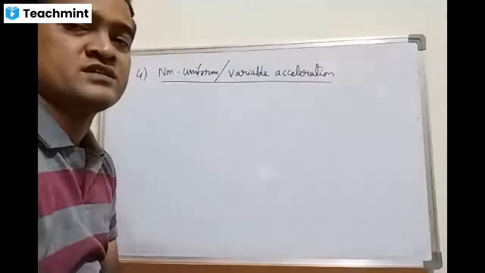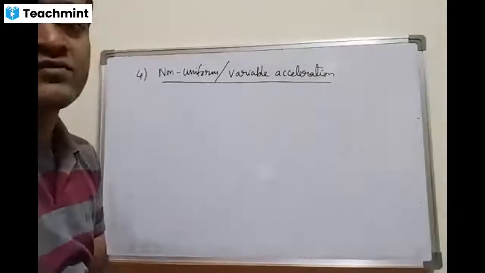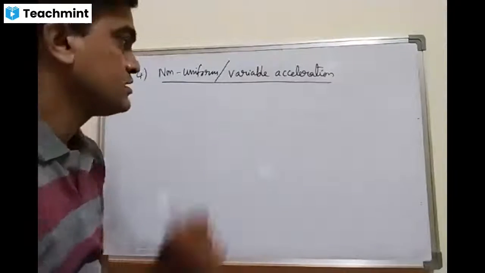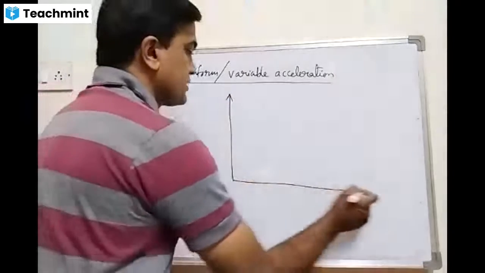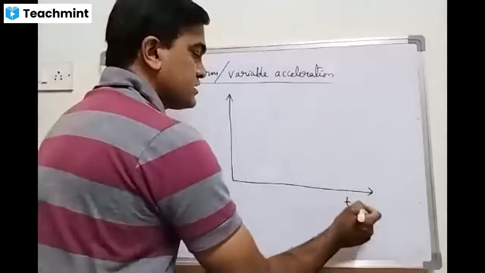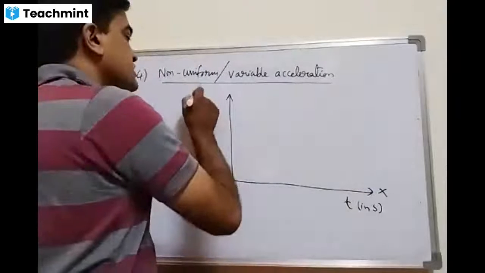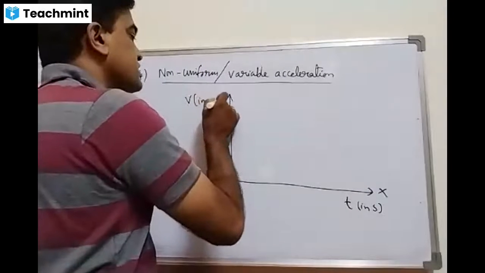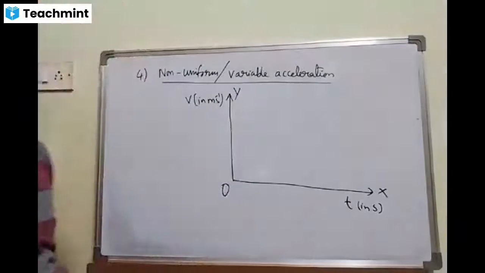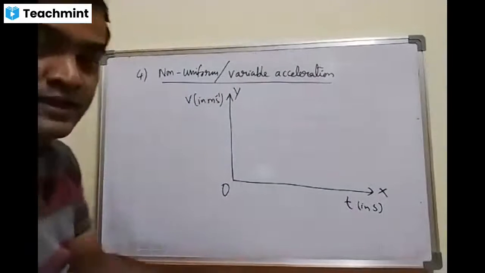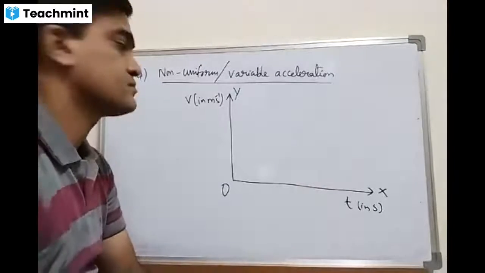In a similar fashion, if you plot a graph for non-uniform or variable acceleration, if I take time in seconds along the x-axis and velocity in meter per second along the y-axis, and I get a graph that is a curve, it should be a curve.